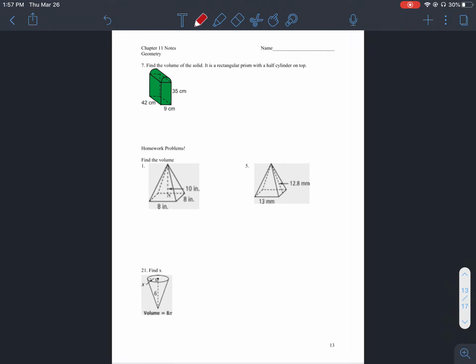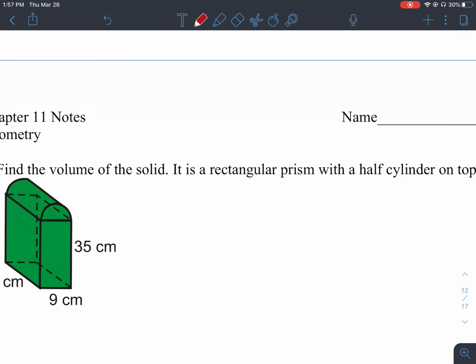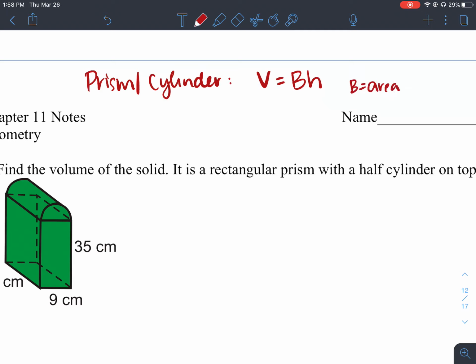So just a quick little reminder, our volume formulas, I'm going to write them here up at the top. Volume for a prism or a cylinder is going to be capital B times H, where if you recall, capital B is the area of the base shape.